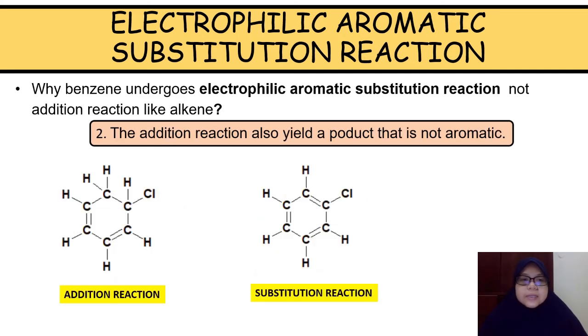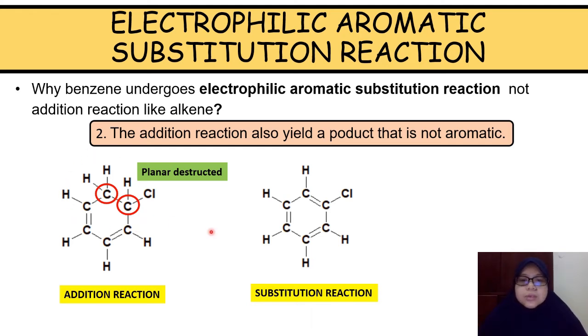And then the second reason is the addition reaction yields a product that is not aromatic. When we compare the addition reaction here, we see at this carbon we have added H and Cl, which means the planar structure has been disturbed. The planar structure has been disturbed, which means this compound is no longer aromatic.